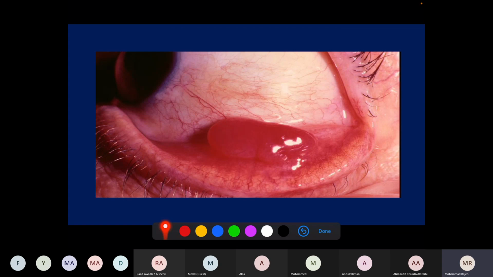Dr. Arwa, what is the spot diagnosis? This patient came with a history of swelling, then he developed this fleshy lesion. So what's the spot diagnosis? Sorry? No, short time.